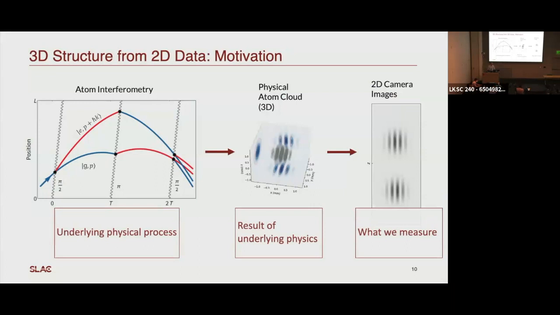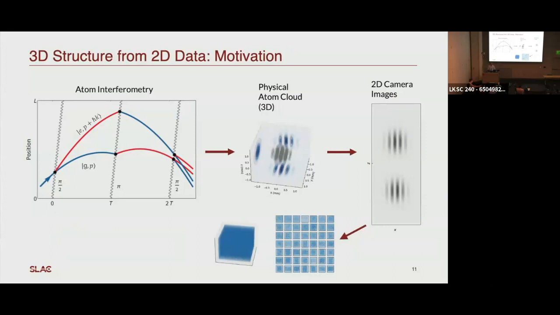In practice, instead of measuring 3D directly, we measure 2D camera images. So the question is: if we're measuring in 2D but the actual physics is happening in 3D, can we back things out and go closer to where the physics is happening? Ultimately, maybe we can connect that back to the underlying physics.